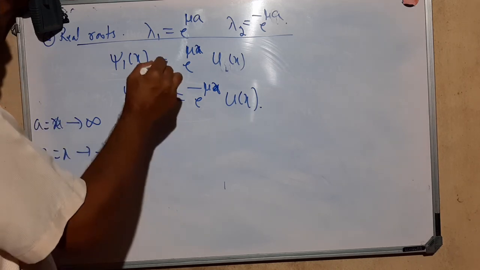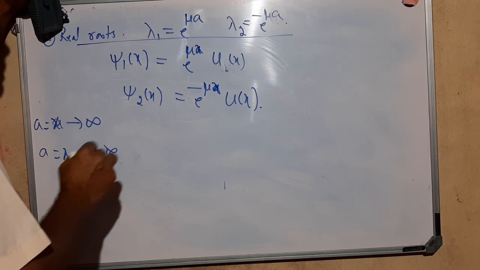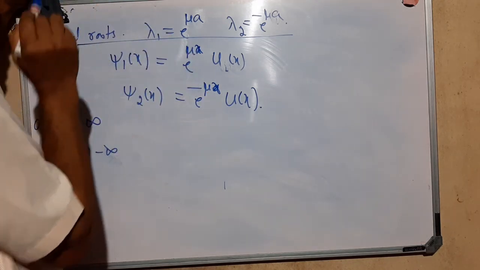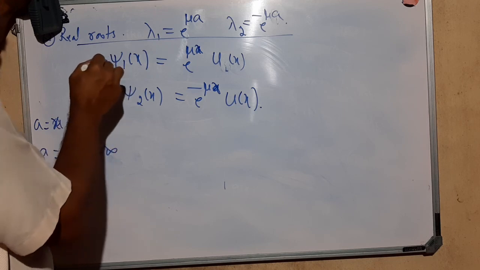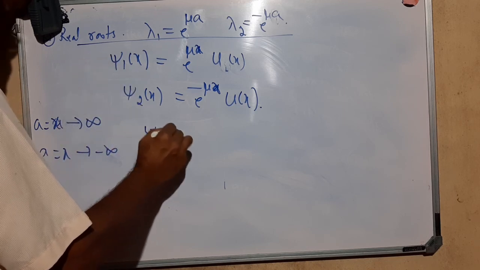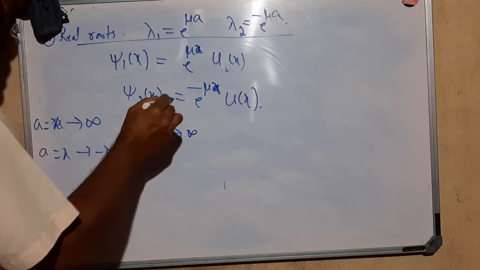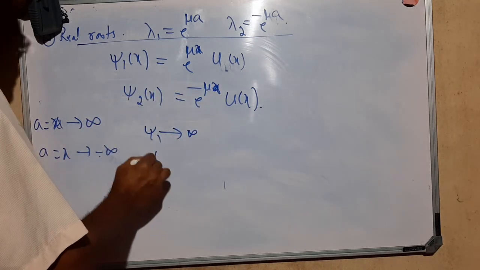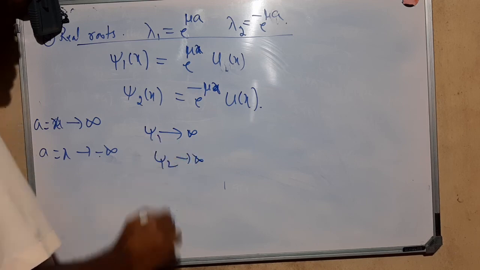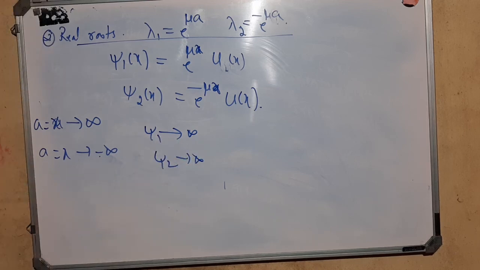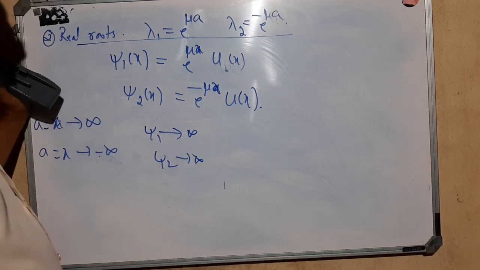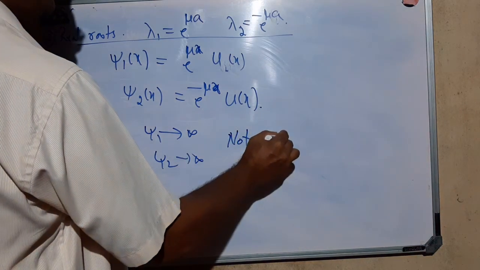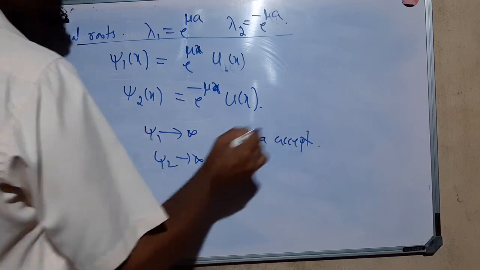When x tends to infinity, e to the power infinity, that is, ξ1 tends to infinity. When x tends to minus infinity, ξ2 tends to infinity. That means it is not finite. It tends to infinity. Therefore, it is not an acceptable wave function.